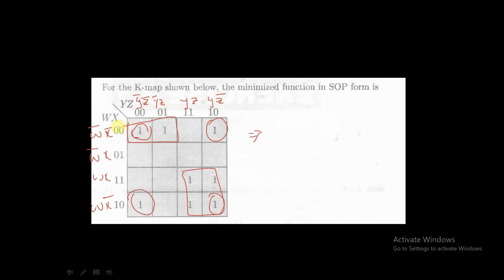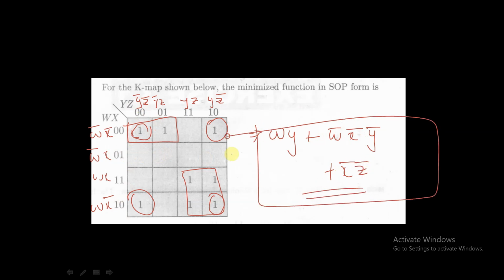Okay, so all the 4 corners have x bar common, and these 2, right, and we have here w followed by y, w y, plus w bar x bar into y bar, plus x bar into z bar. So this is how we can minimize an SOP form of expression.